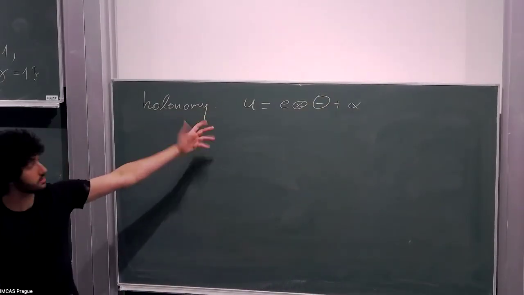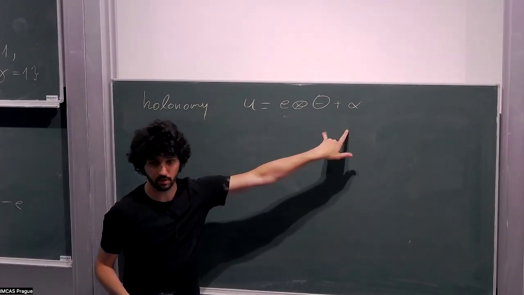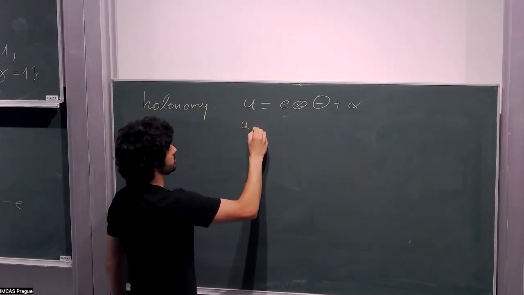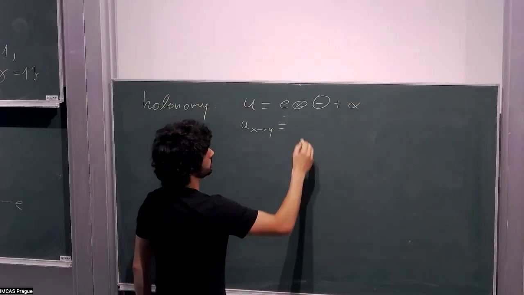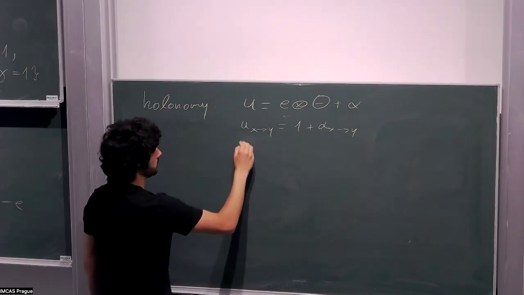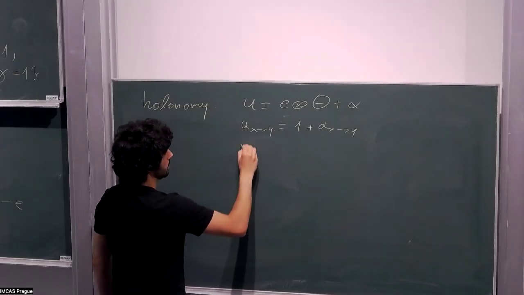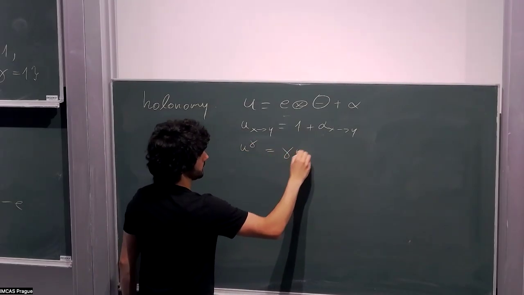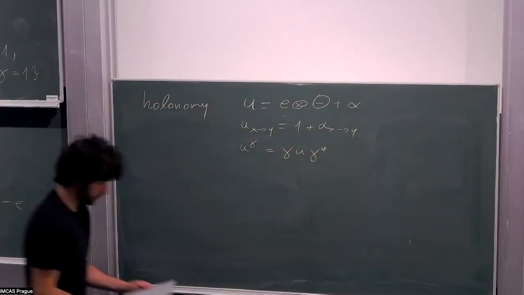So if you have an exponential, this is just really the first two terms of the exponential, which means that U x going to y will just be equal to 1 plus alpha x going to y. And it also transforms as you'd expect, as I showed you before.